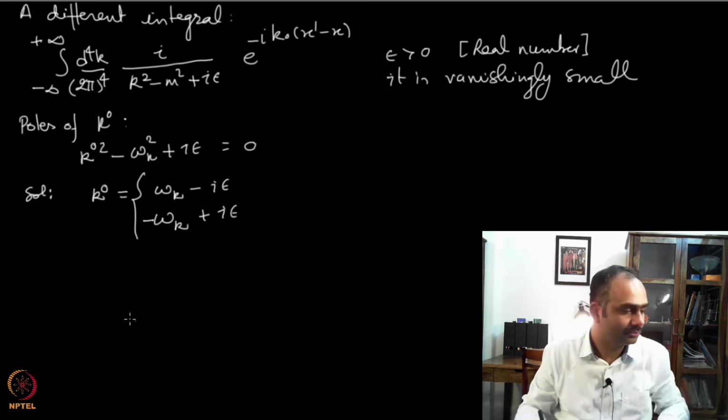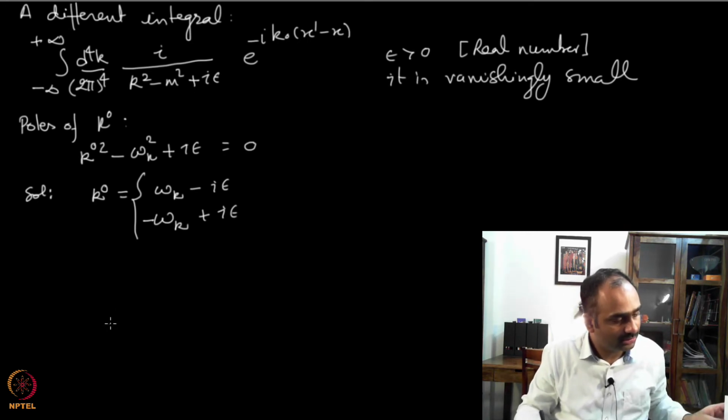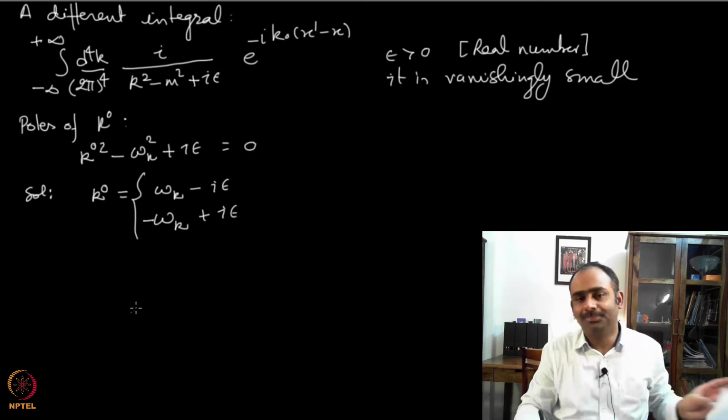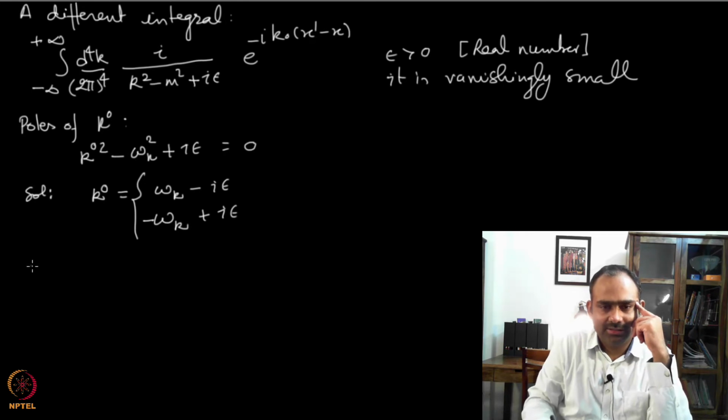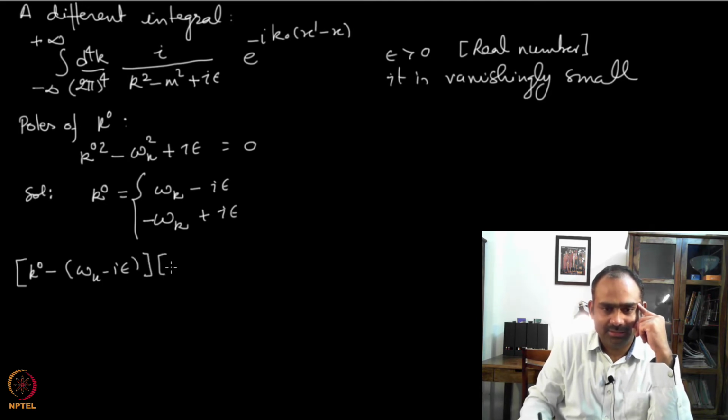Okay. I think this is correct. Now, let us see whether this is correct. All I will do is take k0 minus the first solution, and then the second one, k0 minus the second solution.